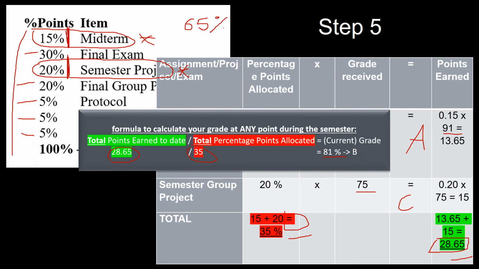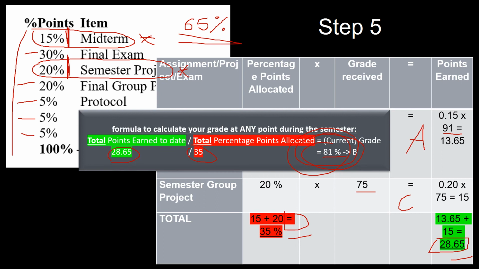So if I were to give you an advice on this course and how you're doing right now, yes, you got an 81, which is a B. That's true. But there are still 65% outstanding, which means that if you do well on the 65 outstanding possible percentage points, then you can still get an A in this course.